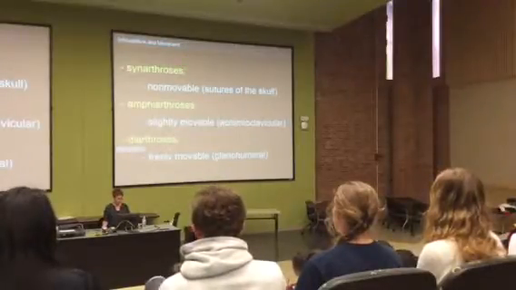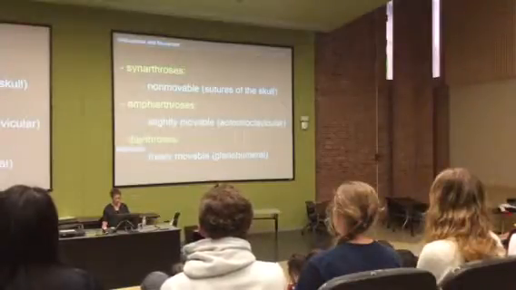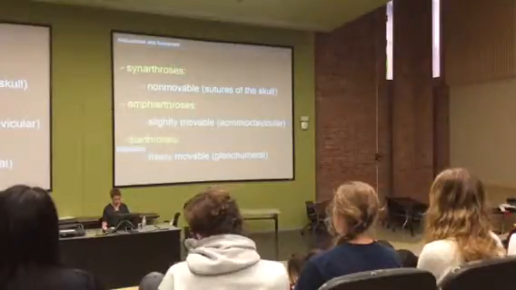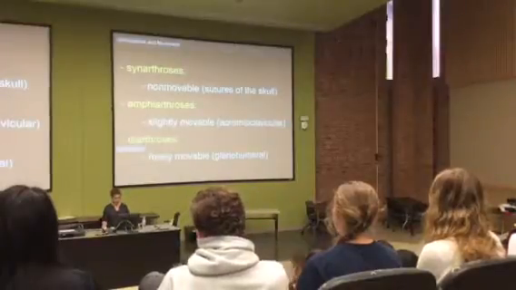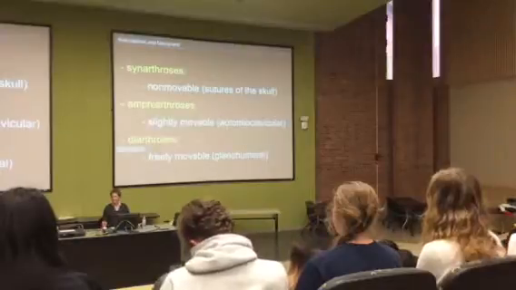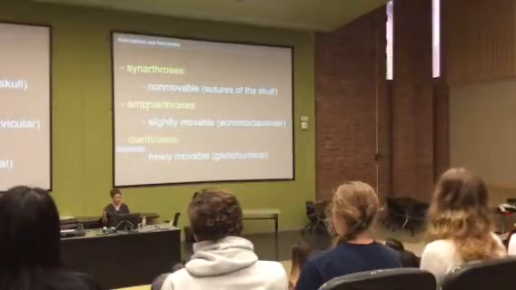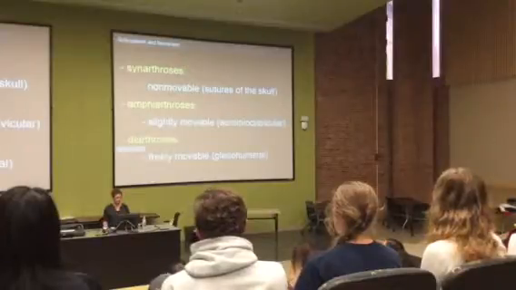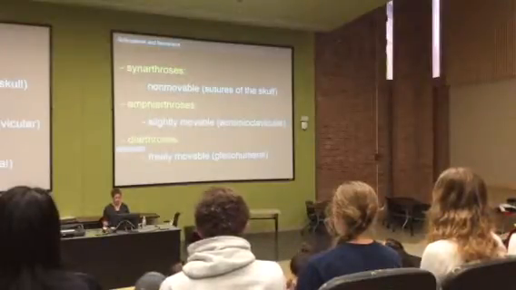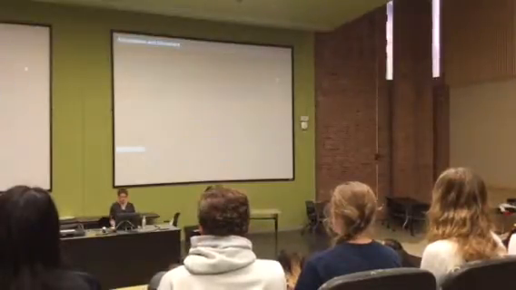Someone else was a little funnier: you have diarrhea, so freely flowing. Diarthroses, freely movable. However you want to remember, that's fine. Amphiarthroses, slightly movable. And syn, S-I-N, means without movement. So hopefully those will be easy for you to remember.